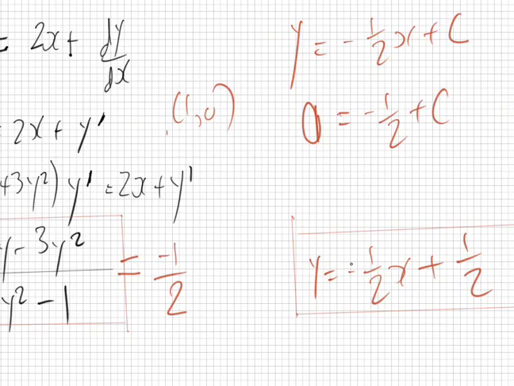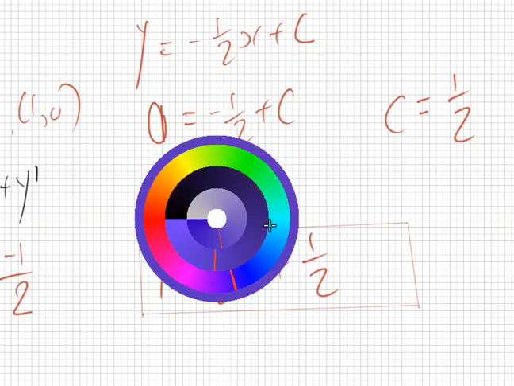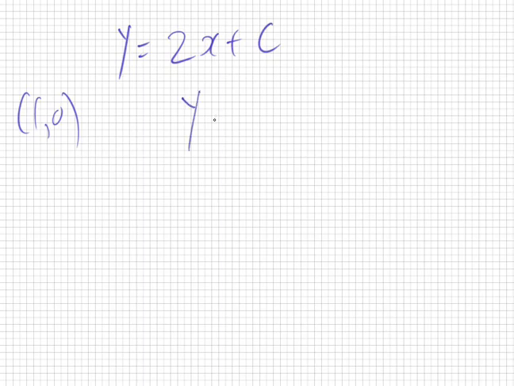So if I just redo this, but now with slope 2, so in blue colour, I have y equals 2x plus c, use the point 1, 0, and I'll end up getting y equals 2x minus 2 after you sub it in and so on.